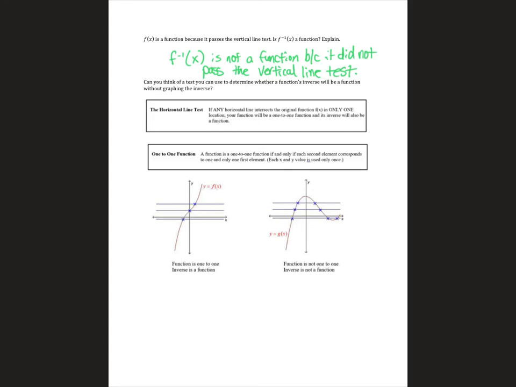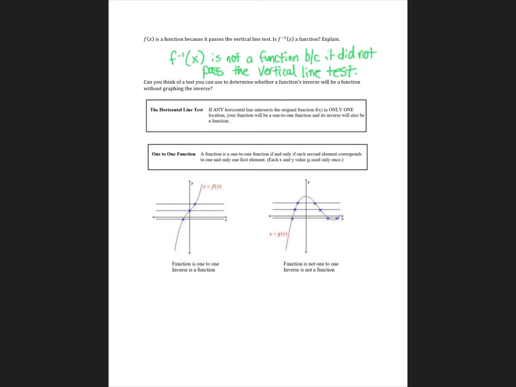Now, what does it mean to be a one-to-one function? A function is a one-to-one function if and only if each second element corresponds to one and only one first element. So basically what that's saying is for each x and y value that's used, it's only used once. So you can see an example here of using the horizontal line test.